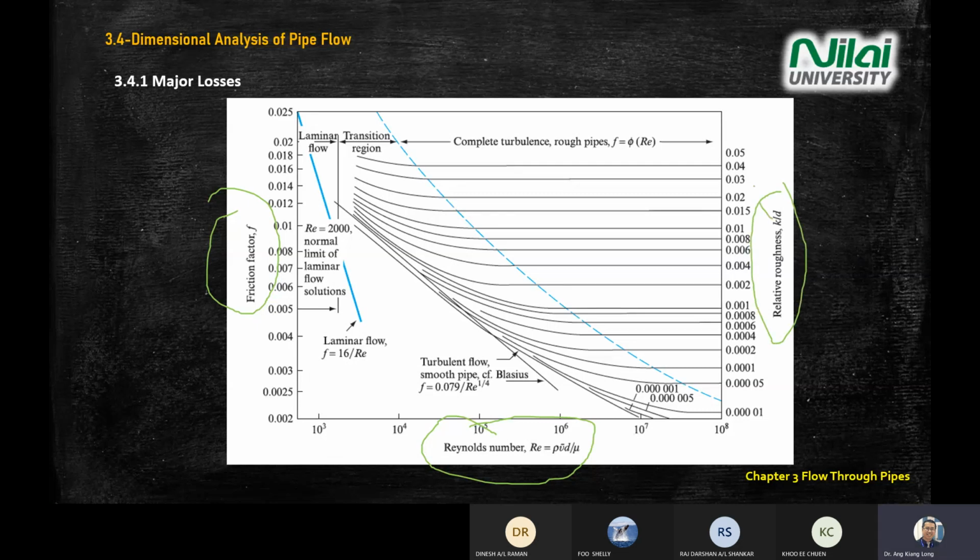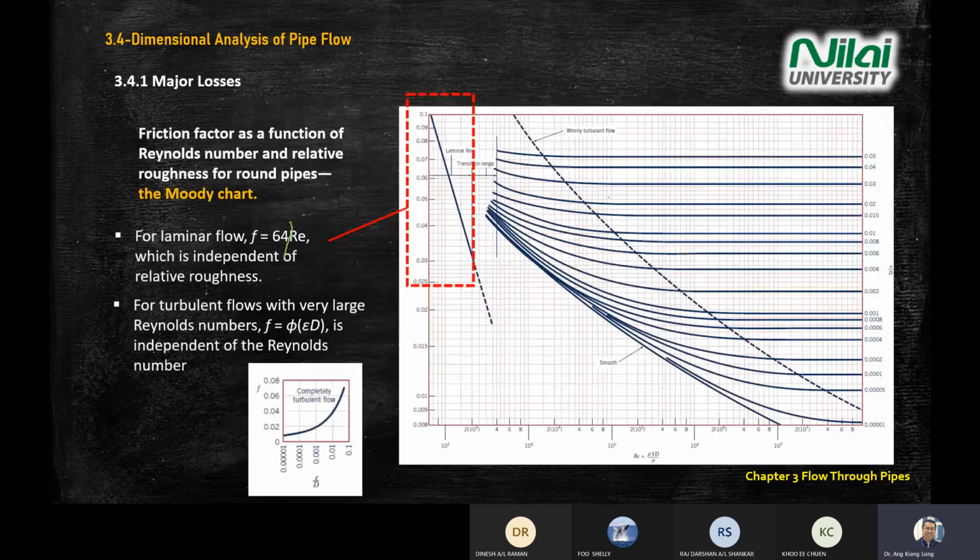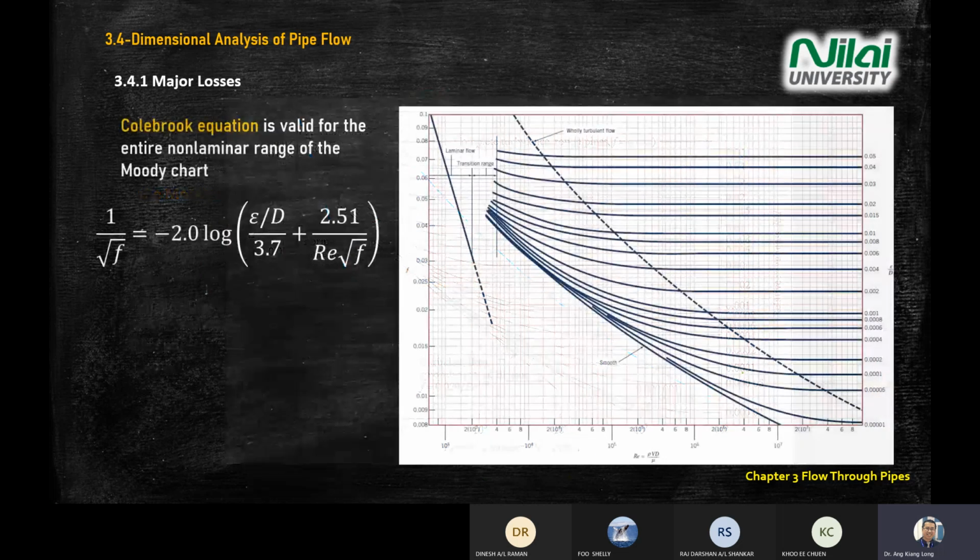In this case, the chart uses k as relative roughness. It's equivalent to the epsilon in the previous chart. All the lines are the same. But in a test or exam, you need to download this chart beforehand to use it.